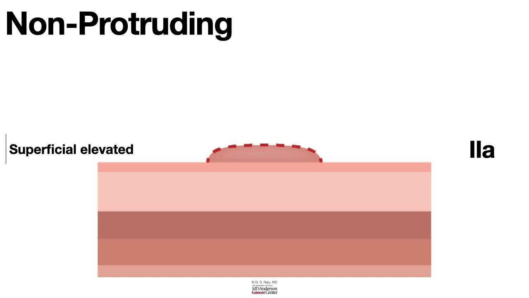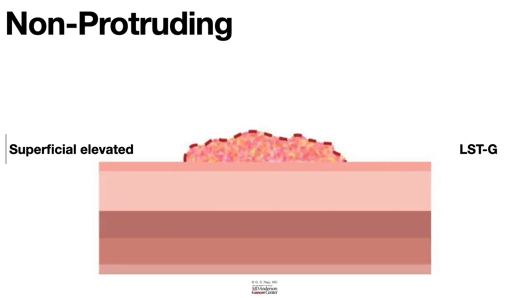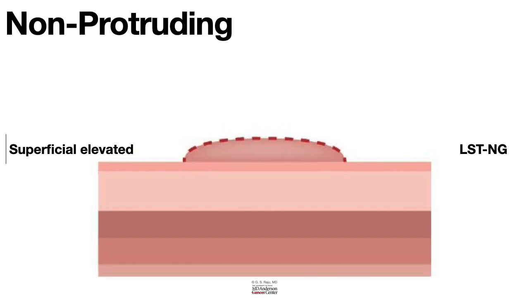When a superficial elevated polyp is larger than 10 millimeters, it is known as a laterally spreading tumor. If it has a granular surface, it is known as a laterally spreading tumor of the granular type.